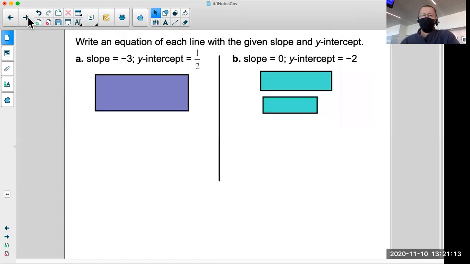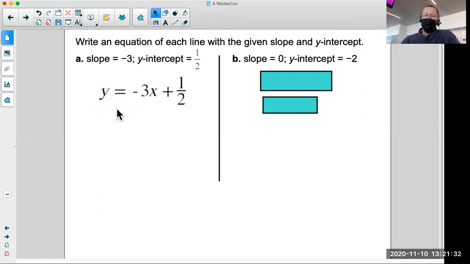Awesome. Here I want you to write an equation of each line with the given slope and y-intercept. You should be saying, wow, this is easy. It is. All you're plugging in is the slope for m, the y-intercept for b. Simple as that. So go ahead and do those. Hopefully you got y = -3x + 1/2.